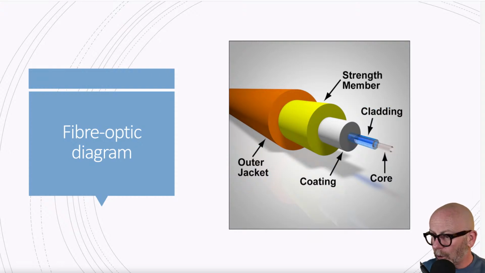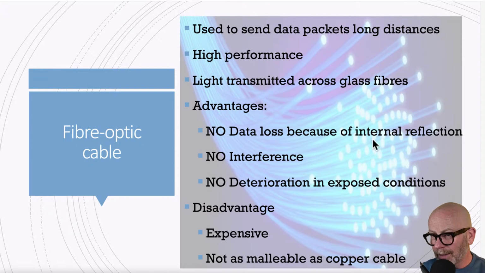So fibre optic cable, how does it work? It works by transmitting pulses of light across glass fibres. And because of that internal reflection, there is no or practically no data loss.